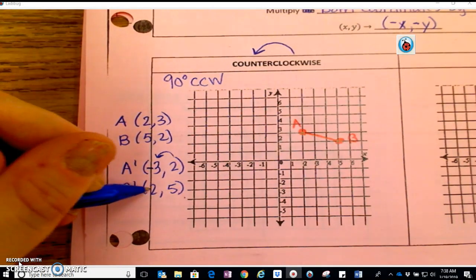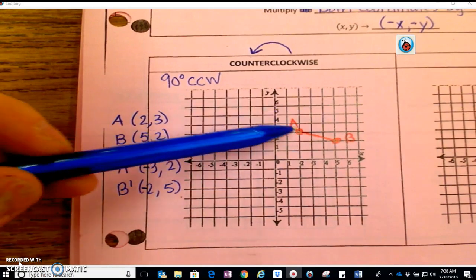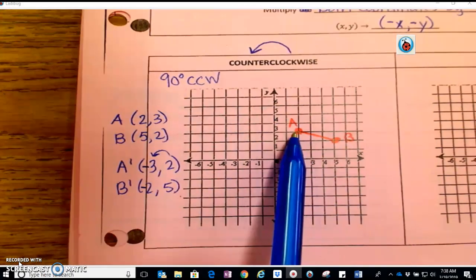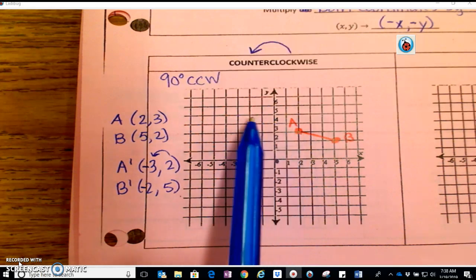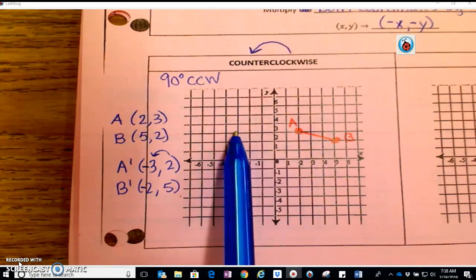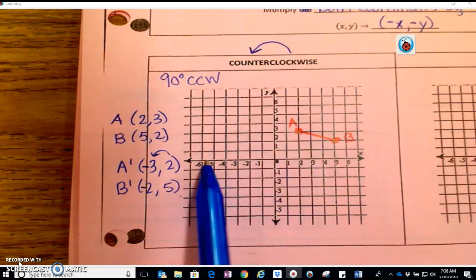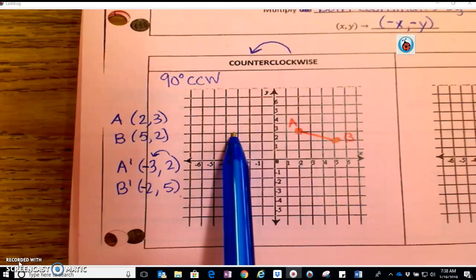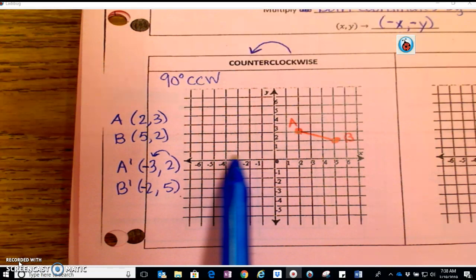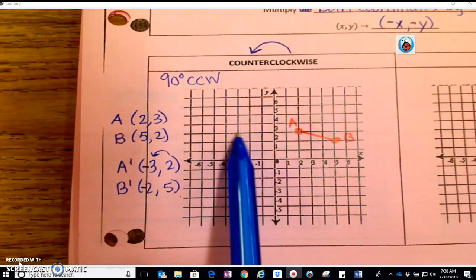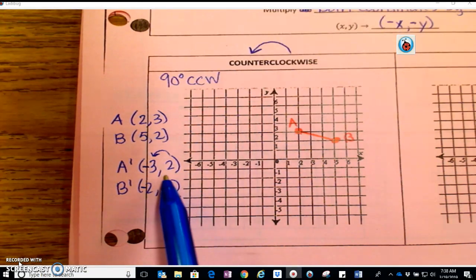So that one's going to become negative. The other way that you can think about it is if I'm in quadrant 1 and I'm going 90 degrees counterclockwise, this point is going to end up in quadrant 2. And the X value is the negative value here. So that's going to become the negative, and the Y value is still positive.